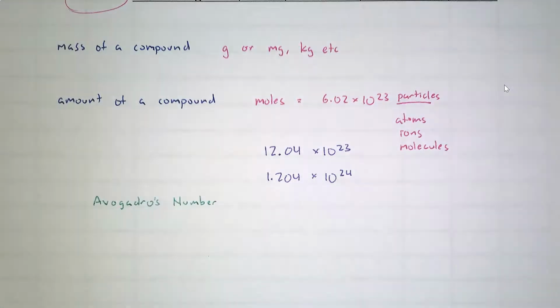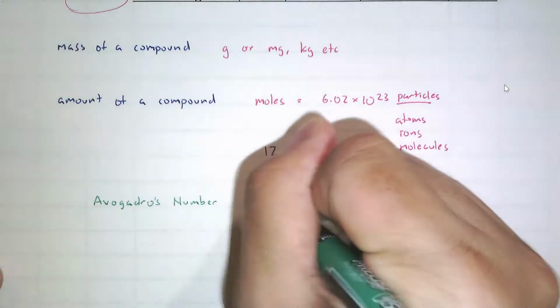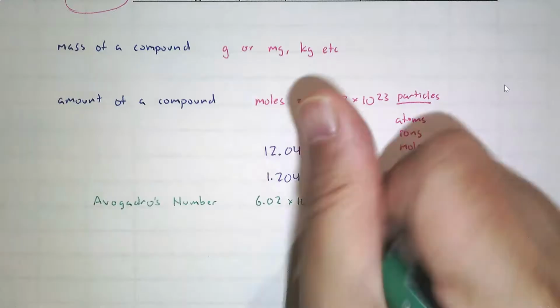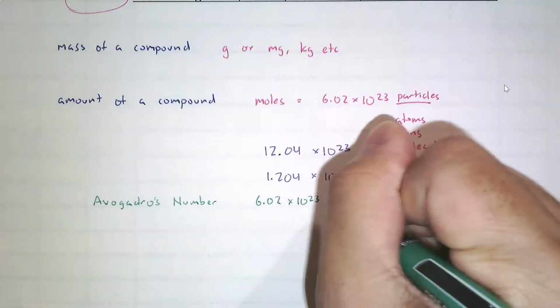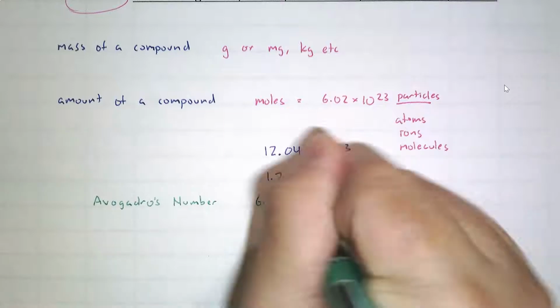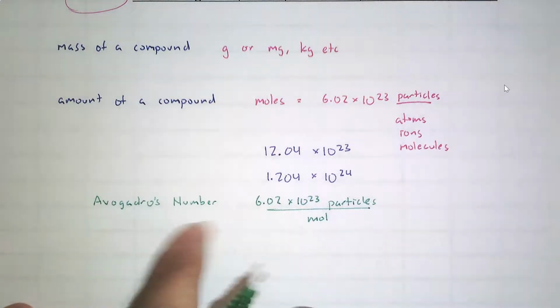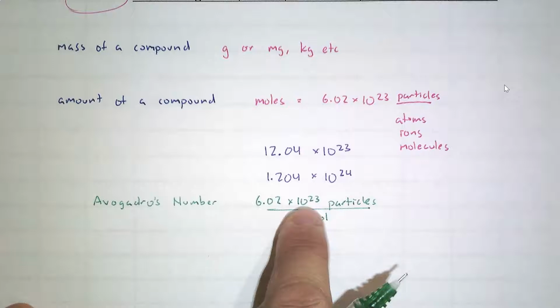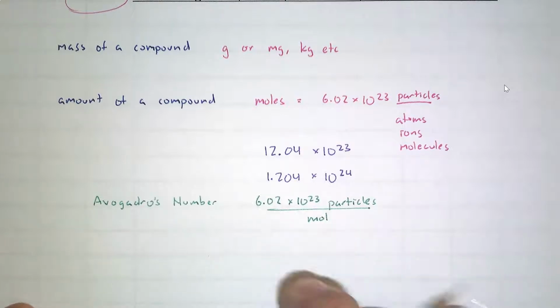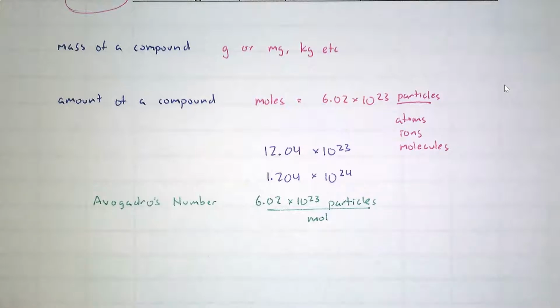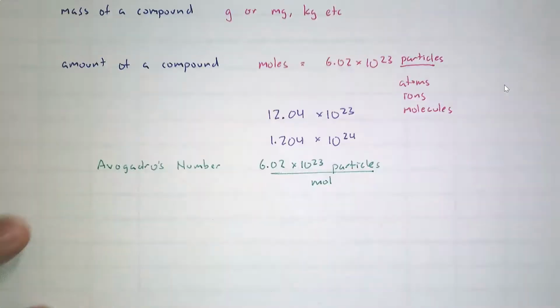Avogadro's number is still 6.02 times 10 to the 23, but I want to put units, and I'm going to say particles per mole. That way, when we do our dimensional analysis, we could figure out how many atoms there are just by using 6.02 times 10 to the 23 atoms per mole, or how many molecules there are by using molecules per mole. You'll see that in just a bit.